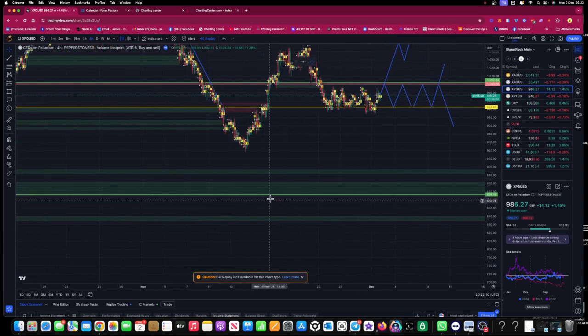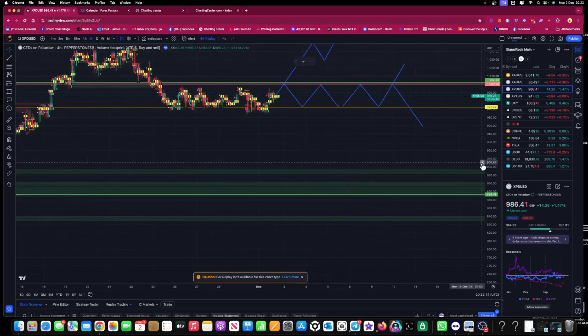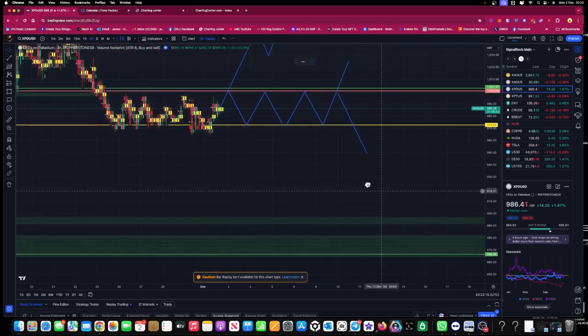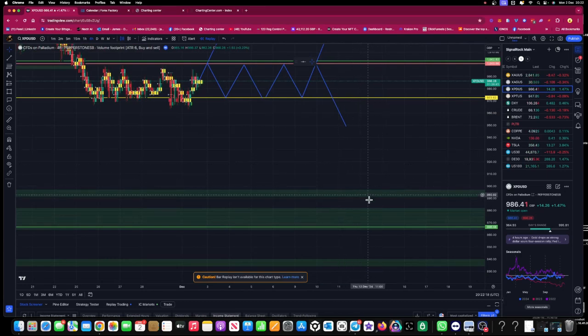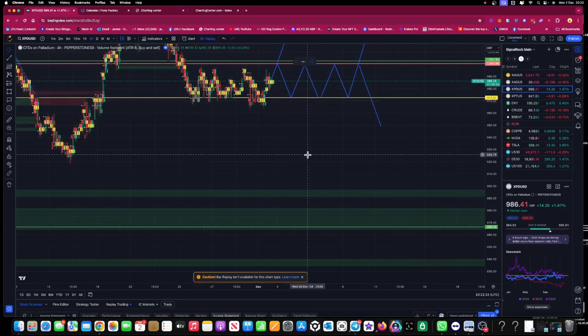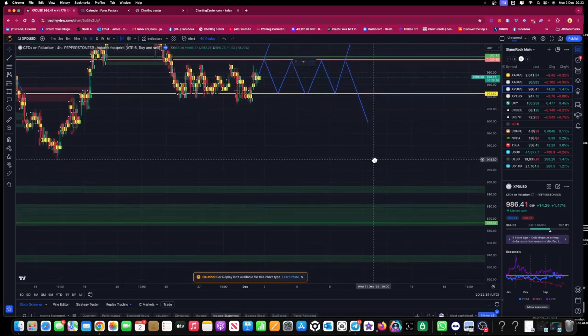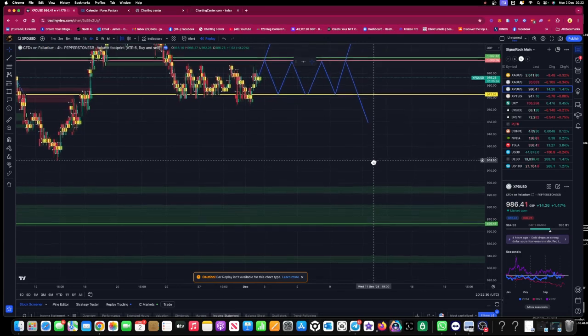Now this area potentially is what the institutions, hedge funds, etc. would be looking at. So now I've analysed that level, maybe they're thinking about these levels. And if you look at it, around about 900, we might see those lower prices.